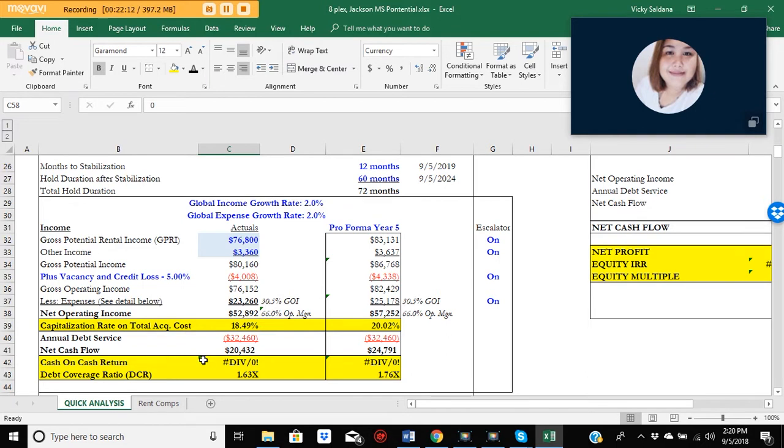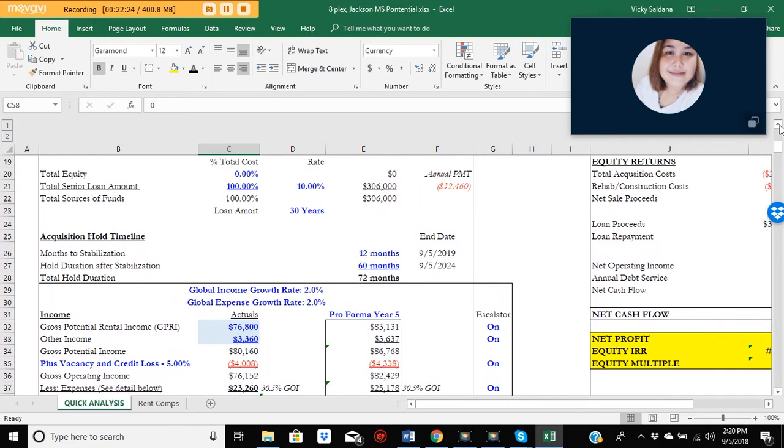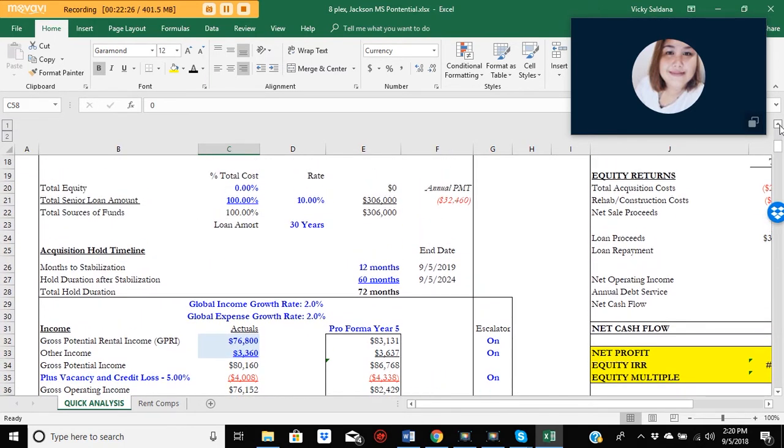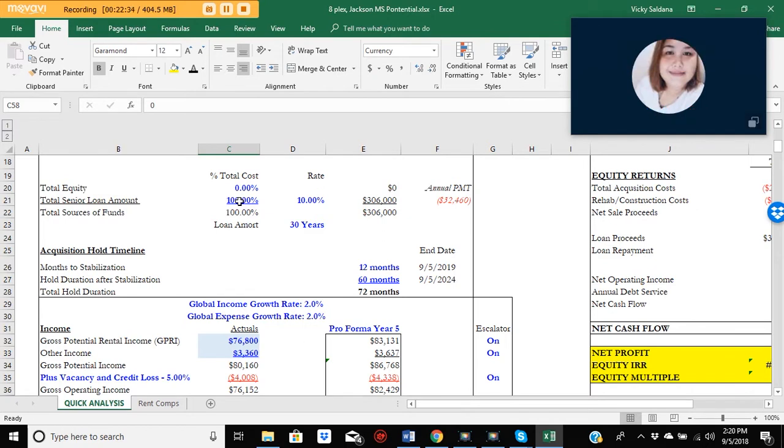Now the cash on cash return, you see here that the formula is showing something wrong. Well, yes, because we're getting 100% financing. So there is no cash on cash because we're not using any of our money. Now, let's pretend that we are not getting a loan on this and it's all 100% cash that we were putting in.